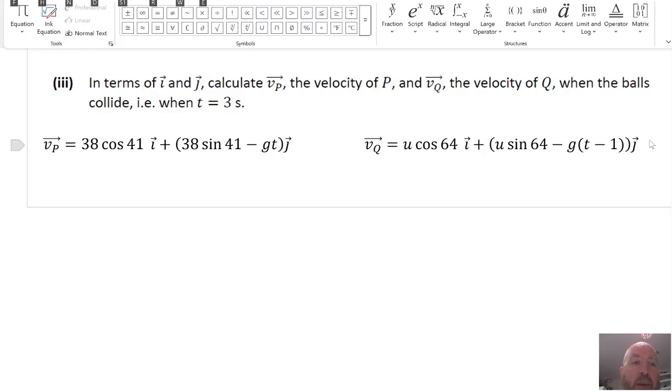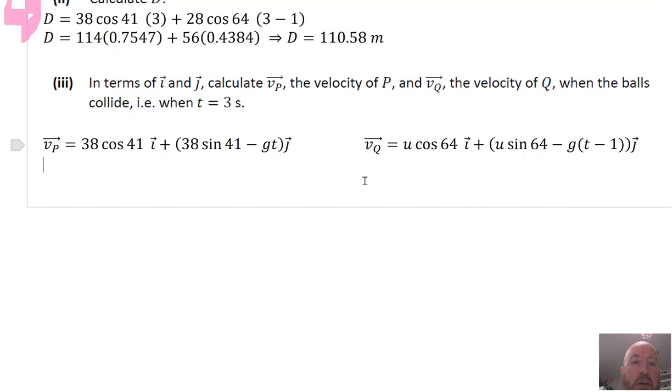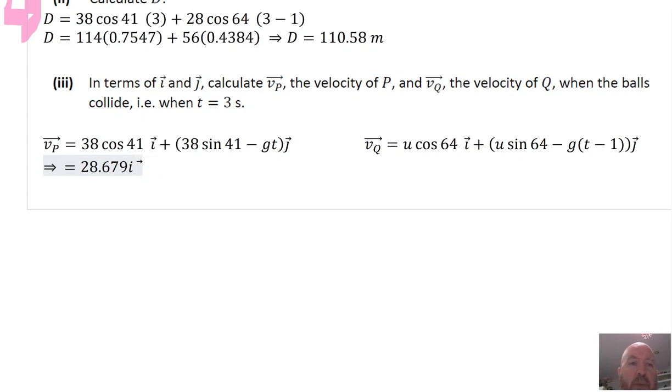So this one implied, that means that equals 38 cos 41. 38 times cos 41 is 28.679 i.